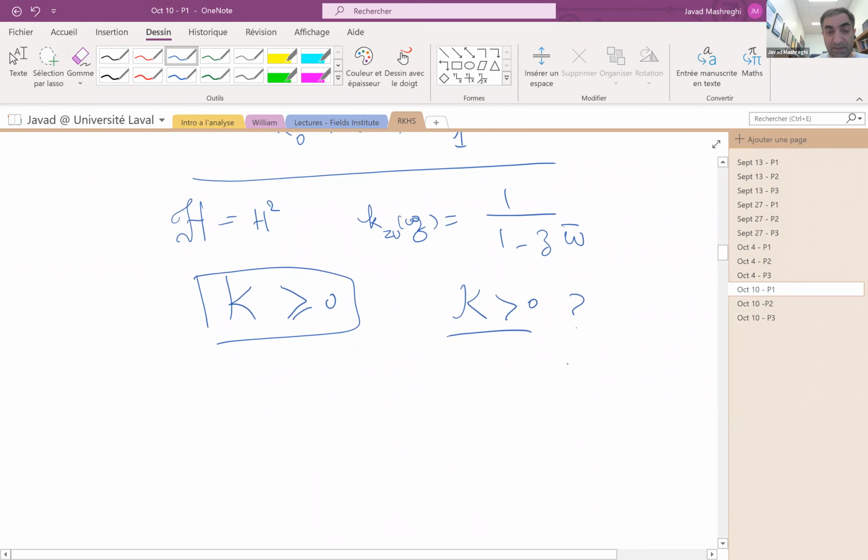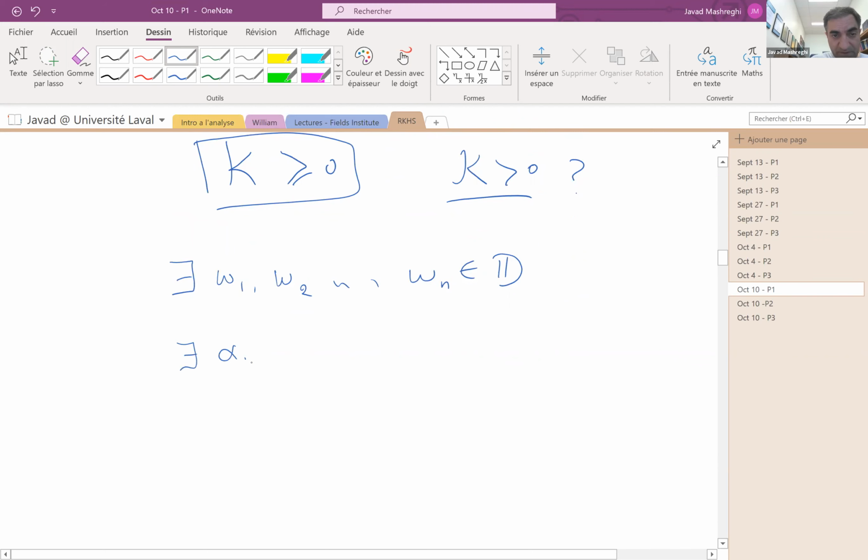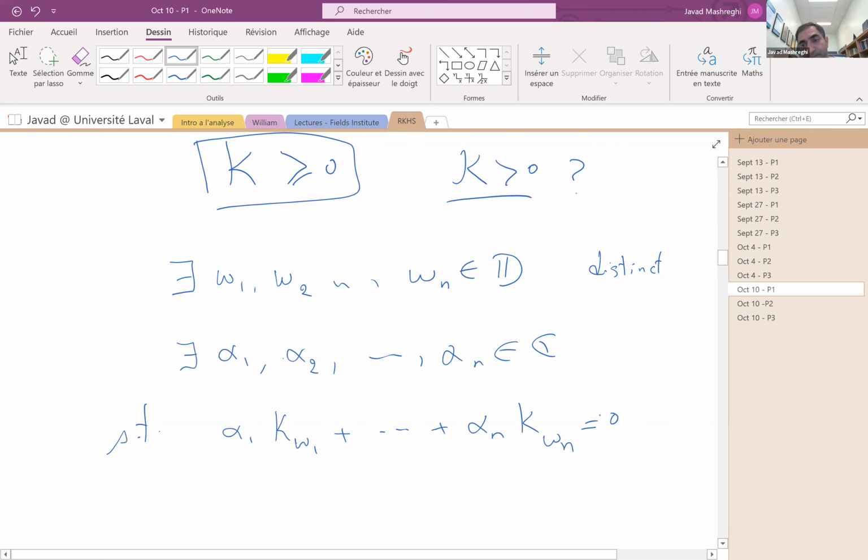To verify this, we need to answer this question. Is there a collection of distinct points W1, W2, up to Wn in D, and a collection of scalars alpha 1 to alpha n in C such that alpha 1 kernel at point W1 plus alpha 2 plus up to alpha n kernel at point Wn equals 0? We need to answer this.